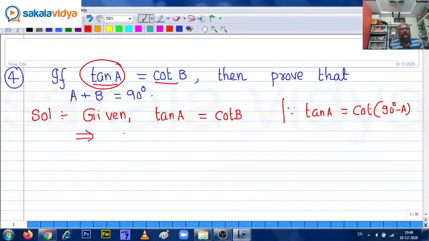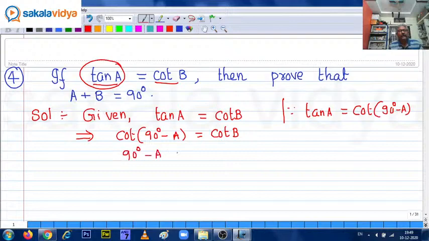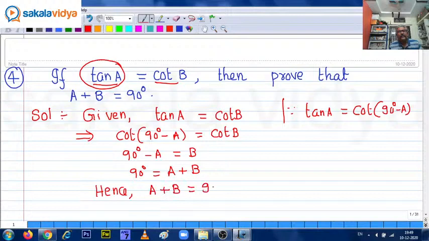So now we can write cot of (90 degrees minus A) equals cot B. Comparing angles on both sides, 90 degrees minus A equals B. Transpose minus A to that side, 90 degrees is equal to A plus B. So hence A plus B equals 90 degrees. This is the answer.